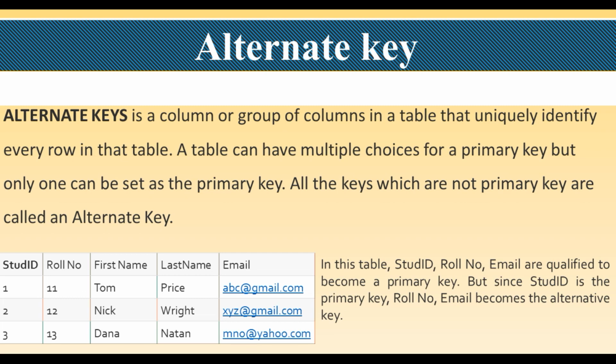Alternate key means that along with the primary key, we can take a different type of column in every record to identify it uniquely. For example, in this particular table you can consider student ID, roll number, first name, last name, and email ID as the field names. Along with that there is data like 1, 2, 3, 11, 12, 13, Tom, Nick, Dana, and email ID also.